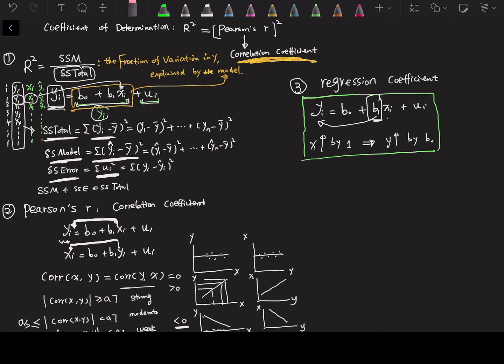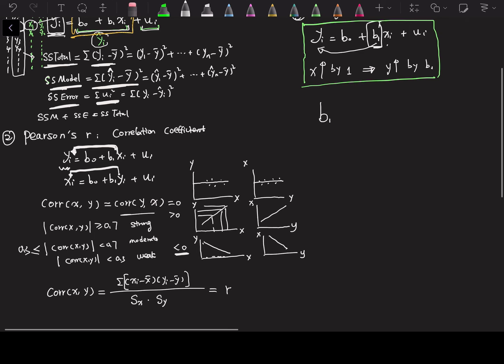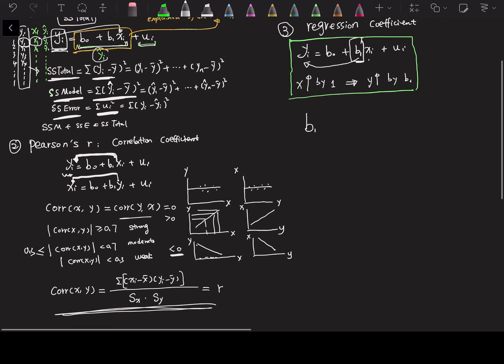So now what is B1? B1 is very much related to Pearson's R. But instead of the symmetrical relationship between x and y, B1 is different. You will see from the formula how B1 differs. They have the same numerator: the sum of x minus x bar times y minus y bar.